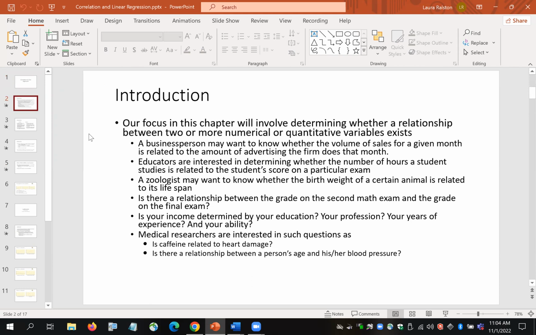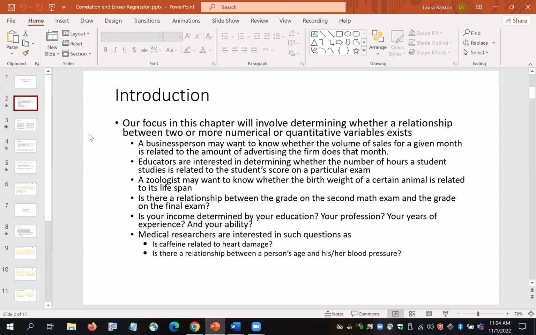Our focus in this particular lesson, which is a chapter within the textbook, involves determining whether a relationship exists between 2 or more numerical or quantitative variables. Oftentimes, researchers are interested in whether there is a relationship, a connection, a correlation.